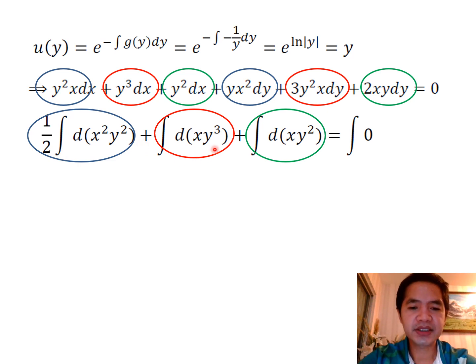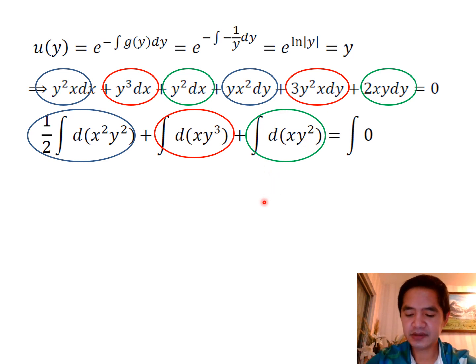Okay, just write it down and you will see it. And this red circle is going to be x times y to the third. And this green, the highest power is y squared, so it goes with y squared, and the highest power of x is 1, so it goes with x. So we get x and y squared.